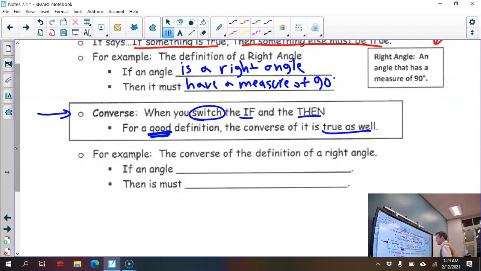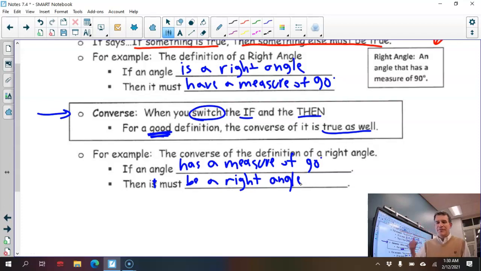The converse of the definition of a right angle would be: if an angle has a measure of 90 degrees, then it must be a right angle. See how that works both ways. If it's a right angle, then it's 90 degrees, or you can switch them. If it's 90 degrees, then it's a right angle.